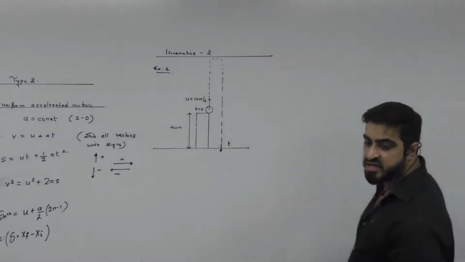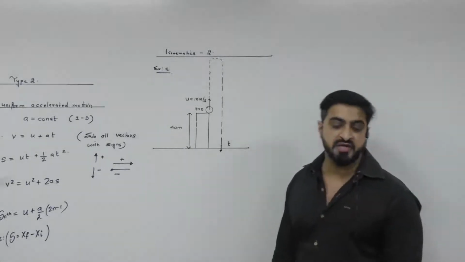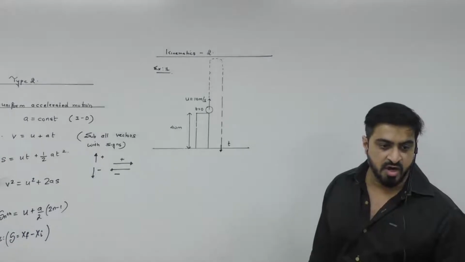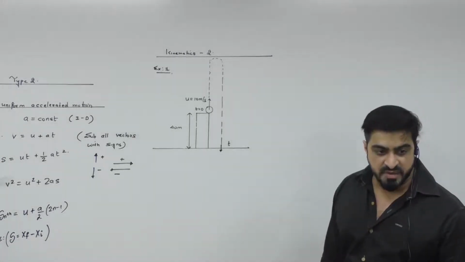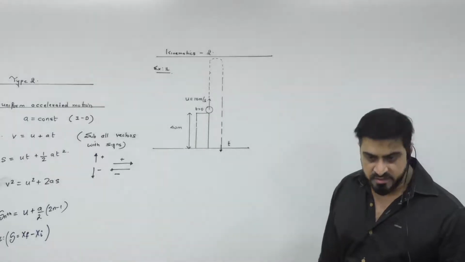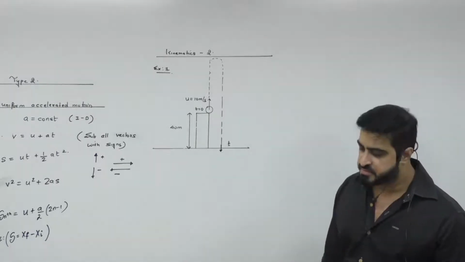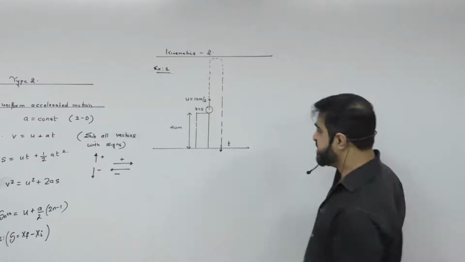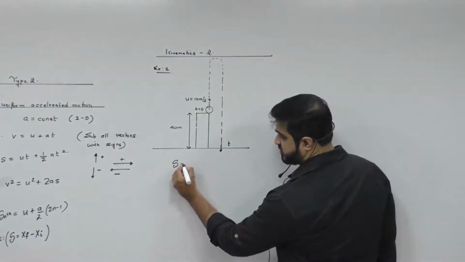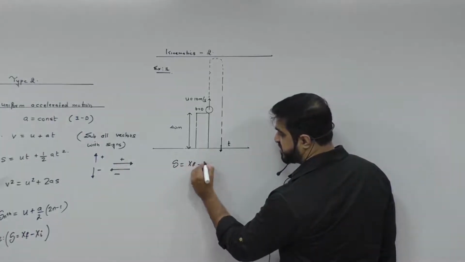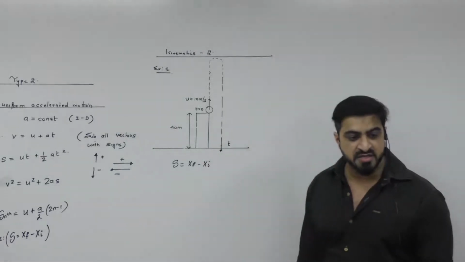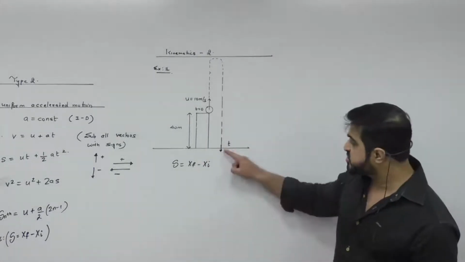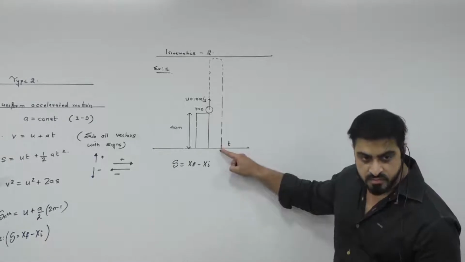First of all, you need to find displacement. Can anyone tell me how much is the displacement? 40. Displacement is 40. We'll see that. Displacement is final vector minus initial vector, or final coordinate minus initial coordinate. How much is the final coordinate? 0.